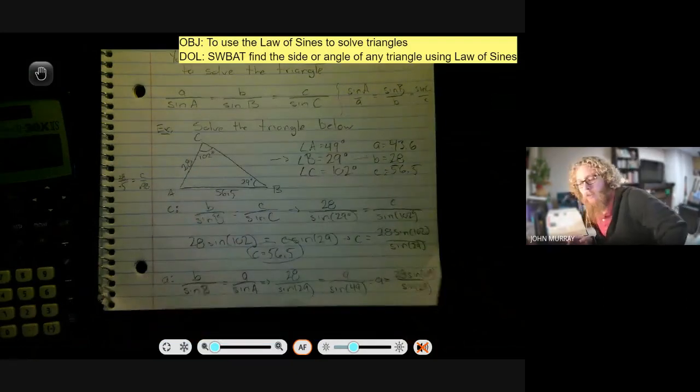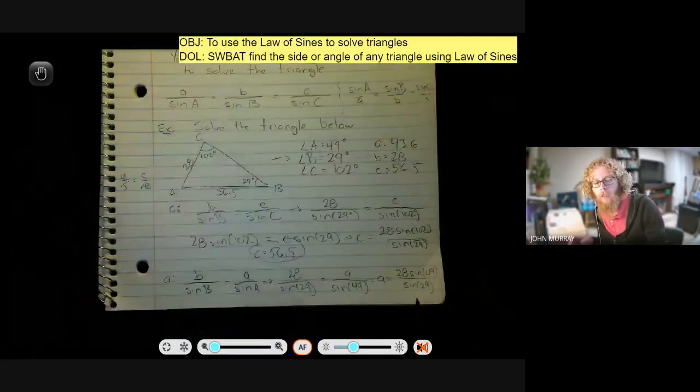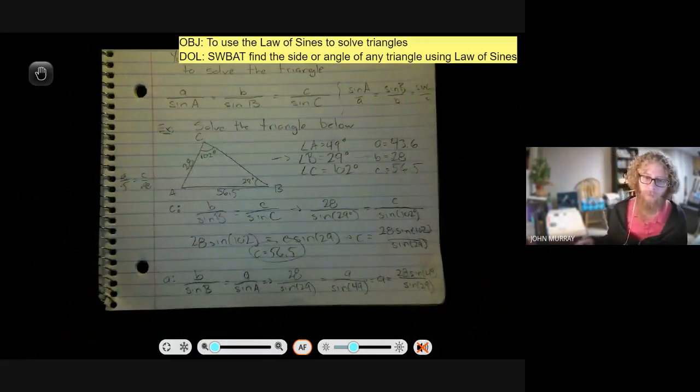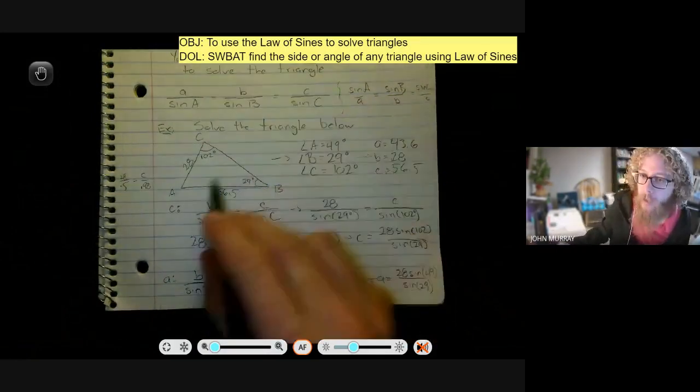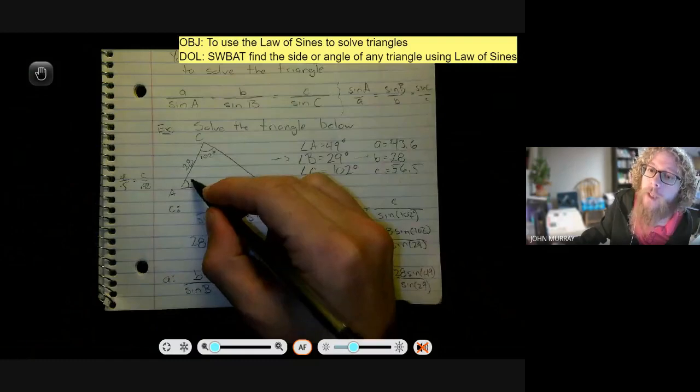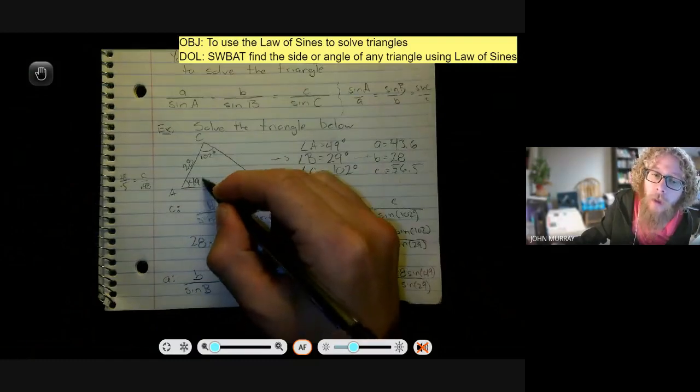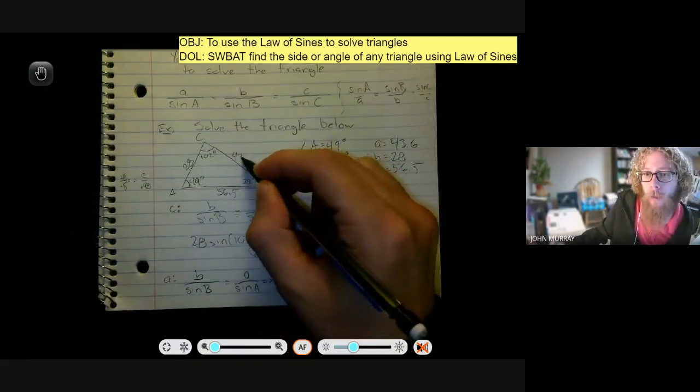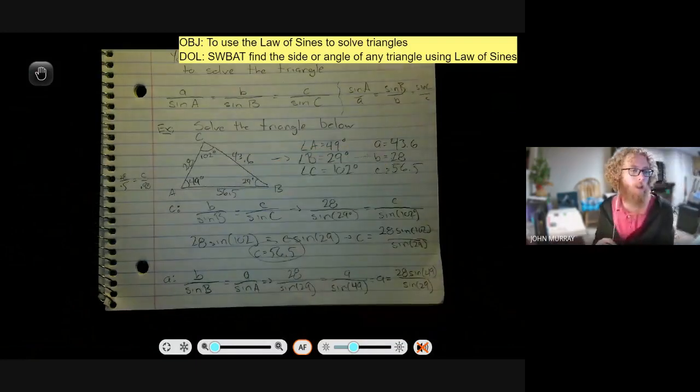All right, so you have a few different ways if you don't have a calculator with you. And I'll just put the rest of the information in here. So this was 49 degrees, and this was 43.6.